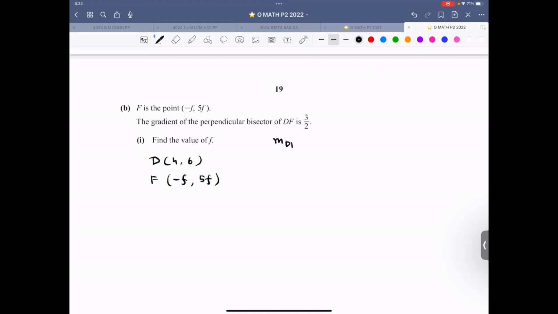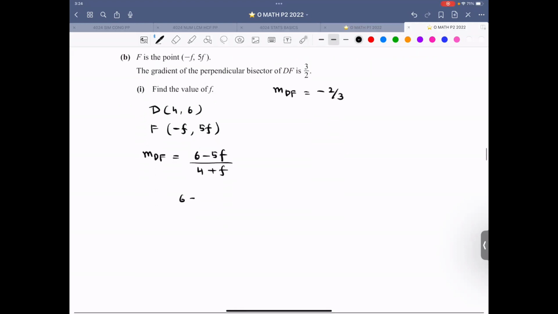That means the gradient of DF is the negative reciprocal, which is negative 2/3. If two lines are perpendicular, gradients multiply to give you negative 1. So gradient of DF, that is 6 minus 5f over 4 minus minus f, which is 4 plus f. So (6 minus 5f) over (4 plus f) equals minus 2 over 3.